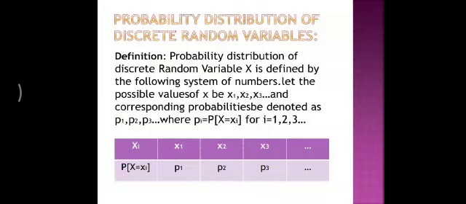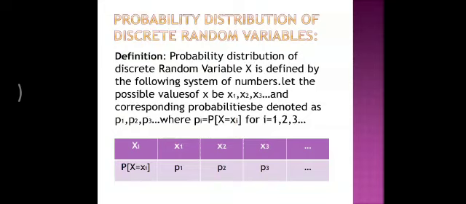If we write it in table form, we get the values of xi and probability of X equal to xi, where i is 1, 2, 3 and so on. This means for each xi there will be a probability which is denoted by pi.